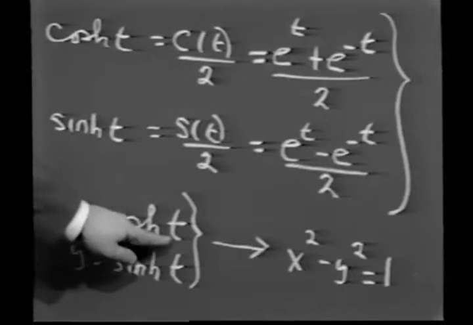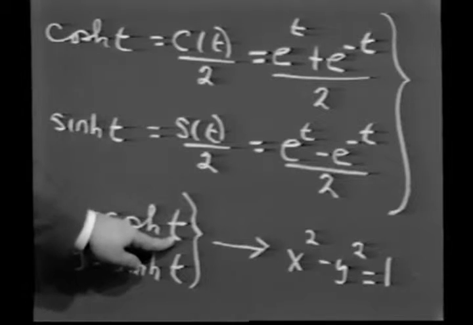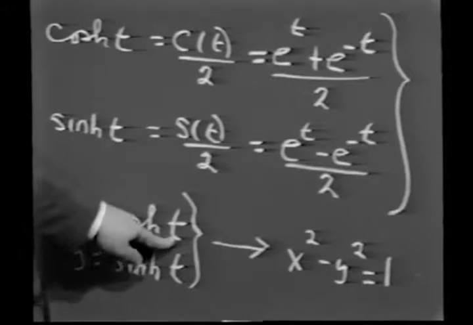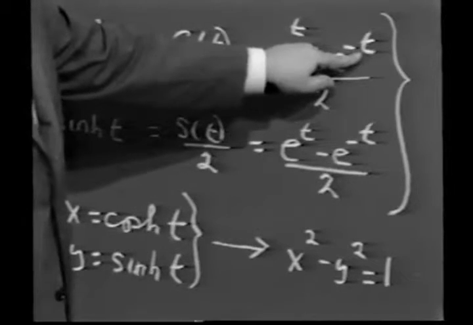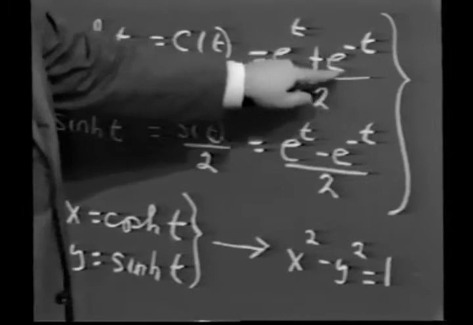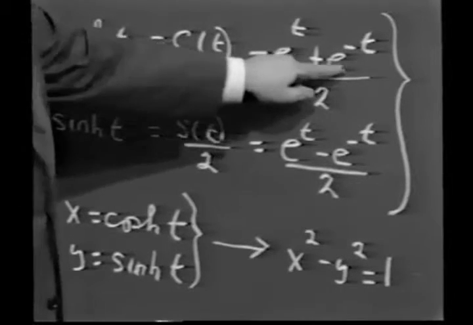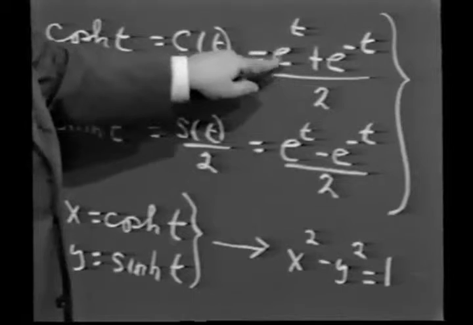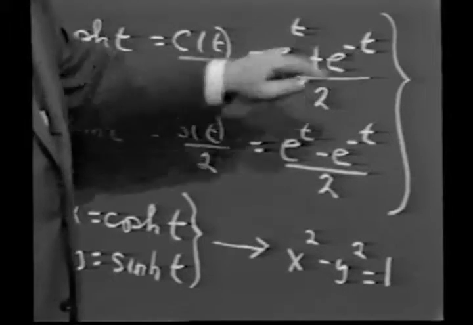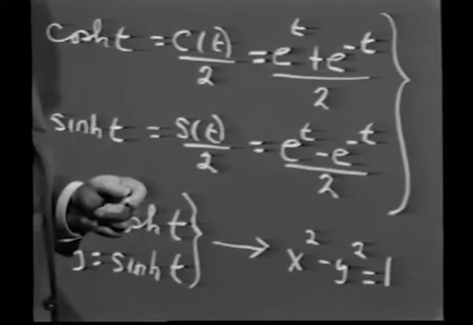By the way, let's make another observation. Notice that the exponential can never be negative. See, e to the minus t is 1 over e to the t, which is still positive. Notice that the cosh can never be negative. See, e to the t is a positive number, e to the minus t is a positive number.